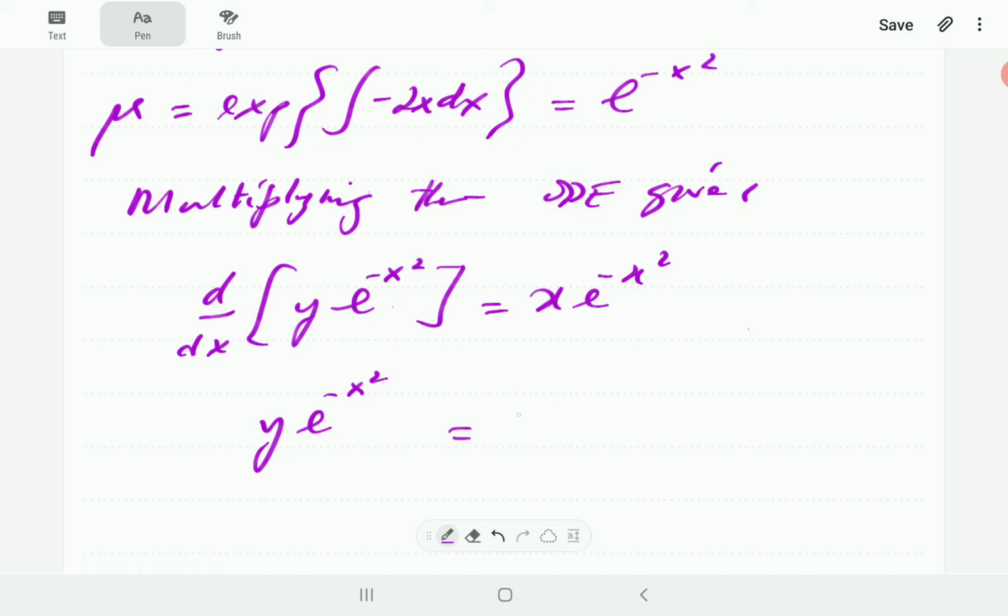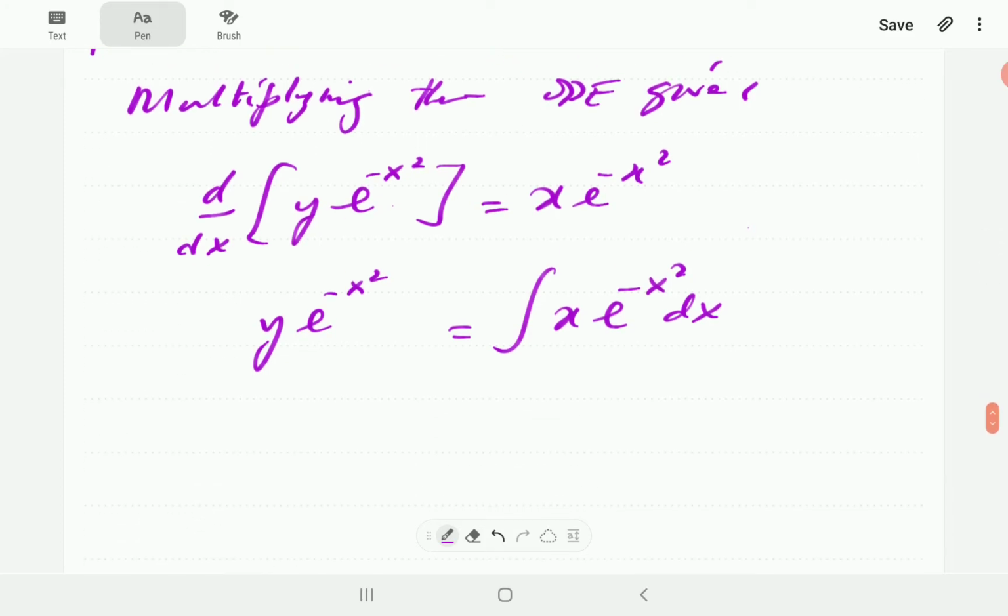The right hand side is going to be the integral of this. Okay, that integral we can evaluate using u substitution. If you are not up to speed with that, do check our video on the u substitution method of integrating. But this is going to give us negative 1/2 e to the minus x squared plus a constant.